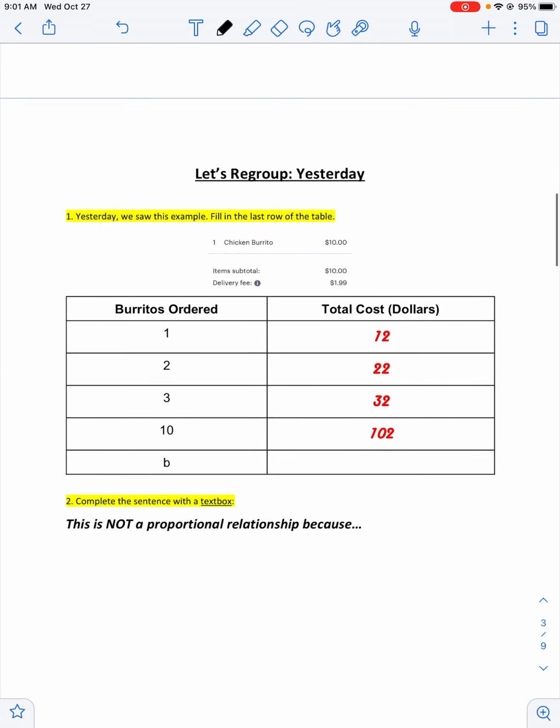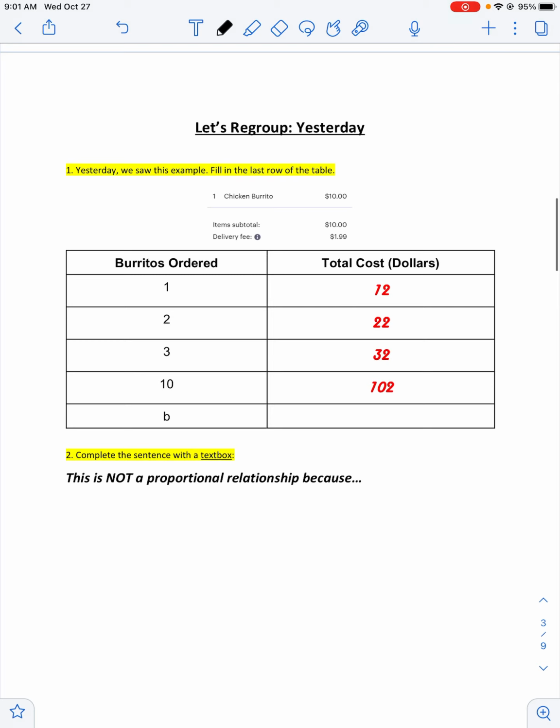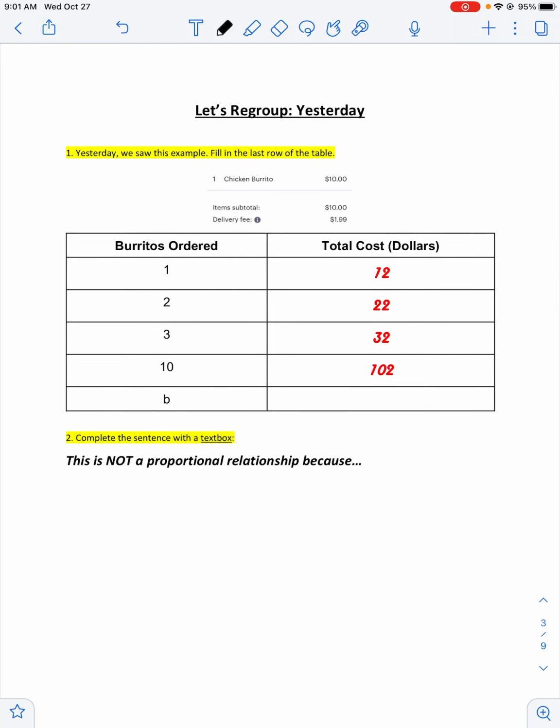The first thing we did after our KW chart was review what we learned yesterday. Yesterday, we talked about how the relationship between the number of burritos ordered and the total cost in dollars was not proportional. We know that one burrito costs $10, but the delivery fee was $1.99, which we rounded to 2.